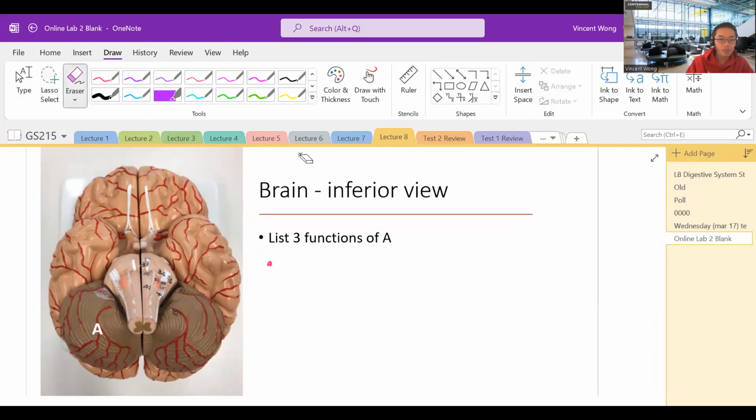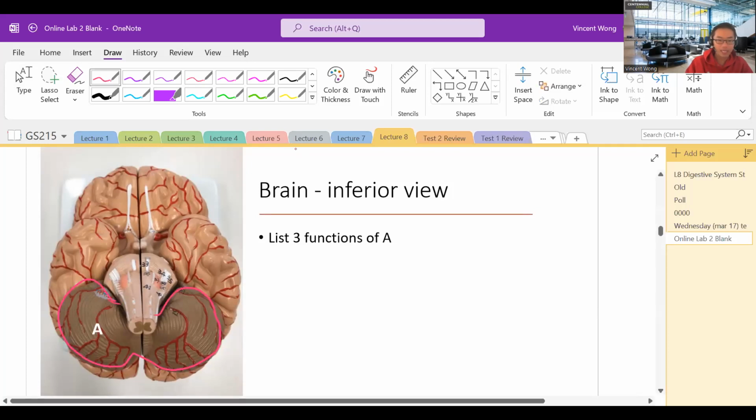So list 3 functions of A. A is this thing right here. Okay, and hopefully you know by now that is the cerebellum. So the cerebellum maintains balance and equilibrium.